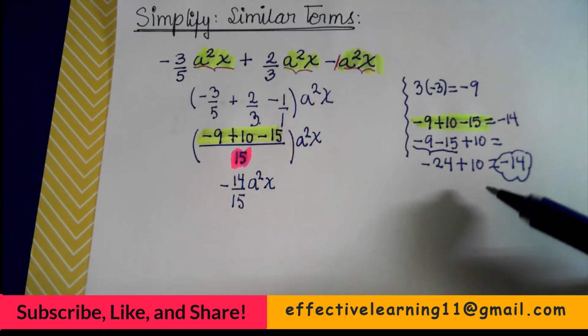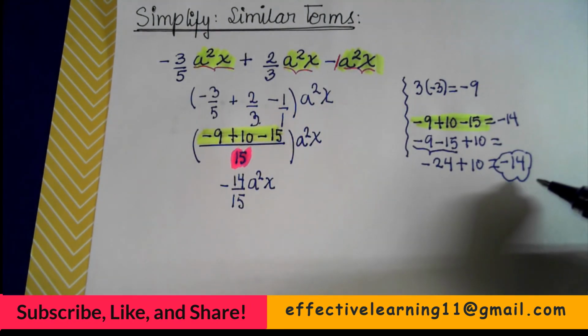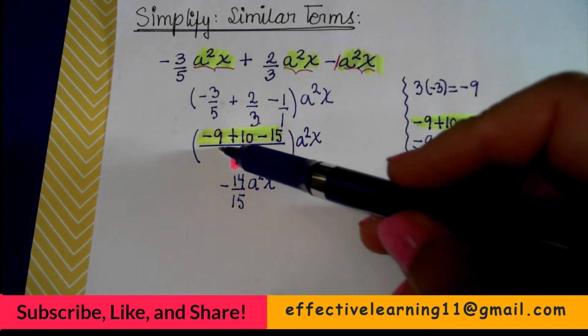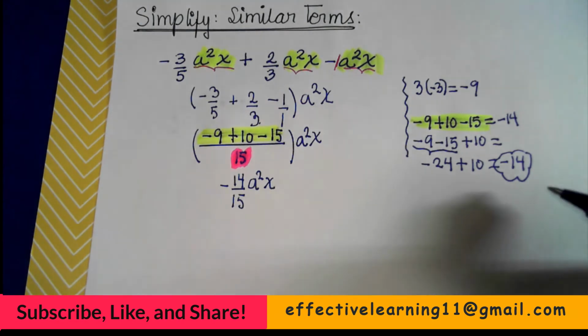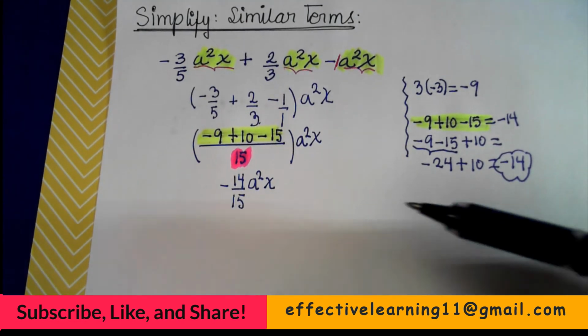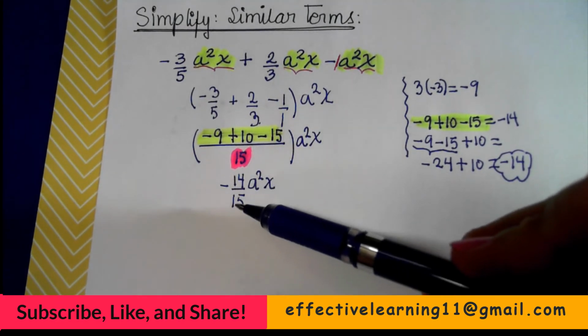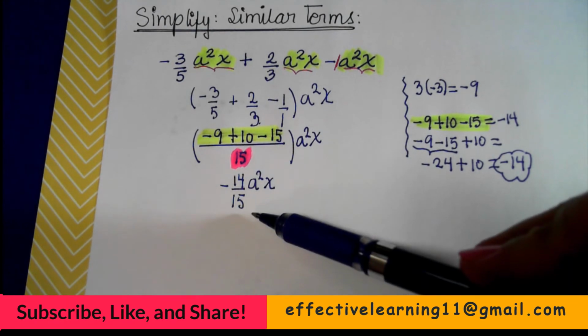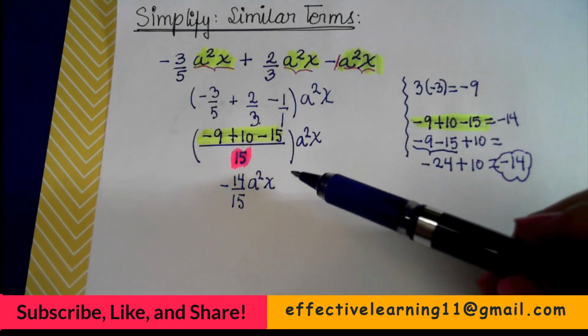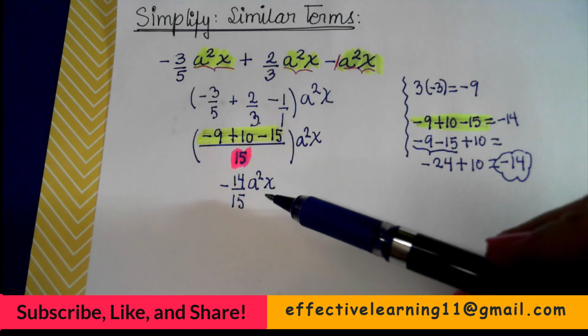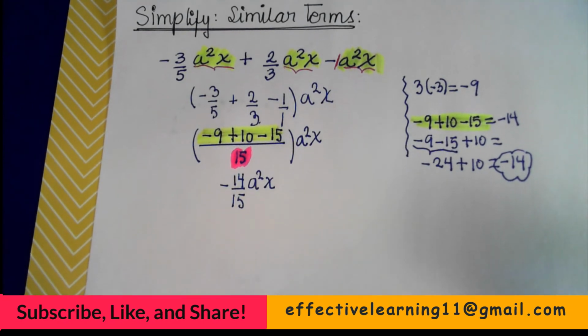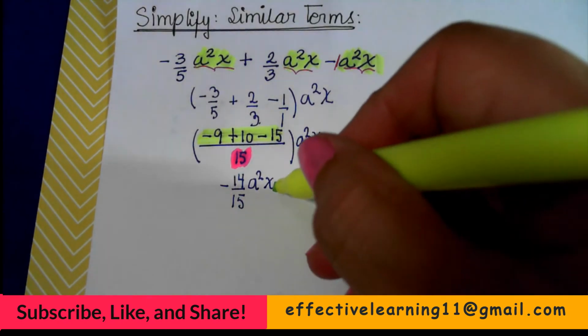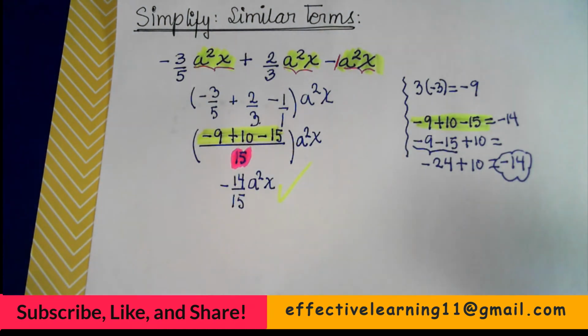And negative 24 plus 10 is negative 14. So negative 14 is the solution of all of these numerators. It's the new numerator, negative 14. You write down negative 14 over 15, remember. And you have to keep writing a squared x. So the final solution is a monomial, okay?